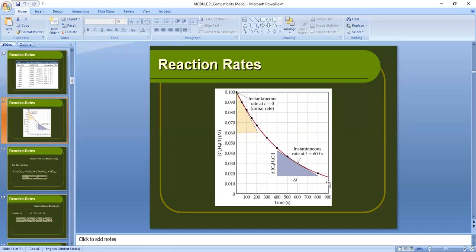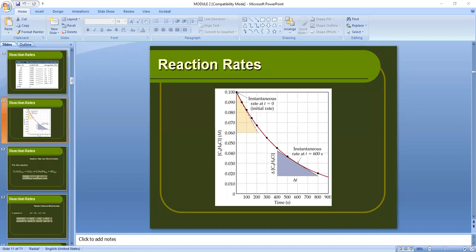Now, when you speak of instantaneous rates, it's really different from the average rate in the sense that you are to draw a tangent line on that portion of the graph wherein you're interested in measuring the rate of the reaction at that particular instant. So for example, allow me to project this so it would be bigger. Say we want to know the instantaneous rate of your reaction after 600 seconds.